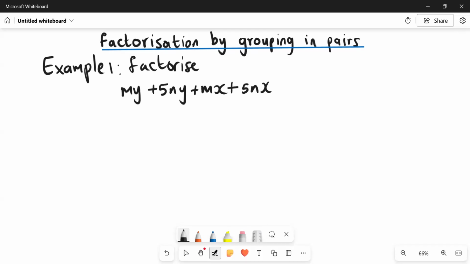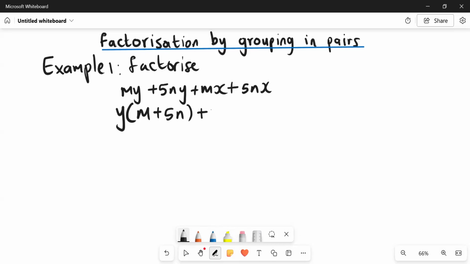So let's do that. So already you have your term 1 grouped with term 2 and then term 3 grouped with term 4, right? And then from there you have to look for the highest common factor. So our highest common factor here is y. So you have your y, take out your y there, and then you're left with your m plus 5n, down with the first one.